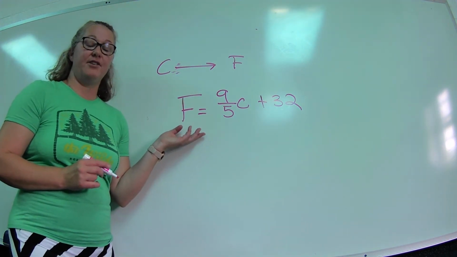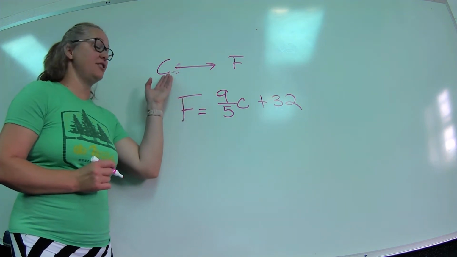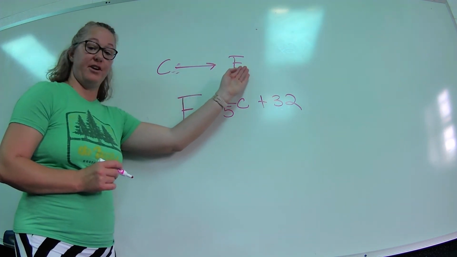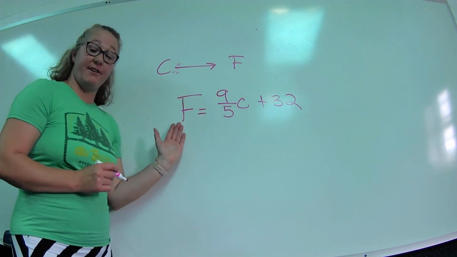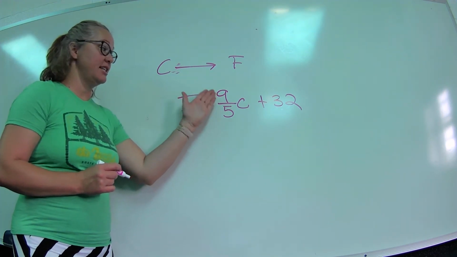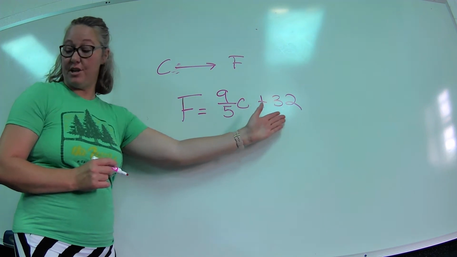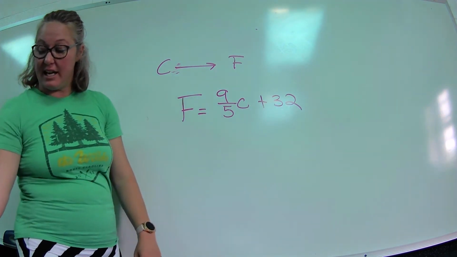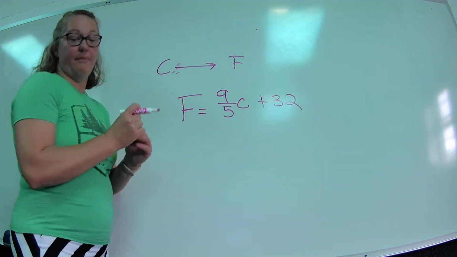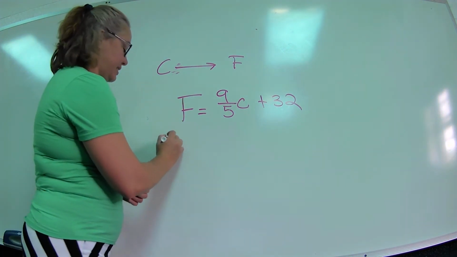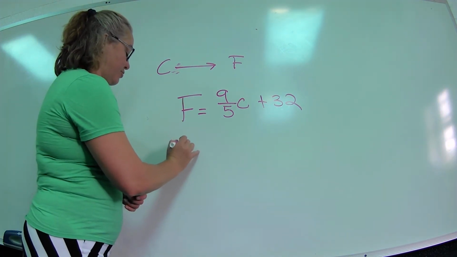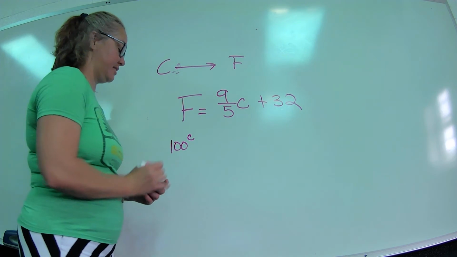This formula is very helpful. If we have Celsius degrees and we're going to Fahrenheit, then we want to find Fahrenheit equals 9/5 of Celsius plus 32. So if I give you the measurement, say something is 100 degrees Celsius.